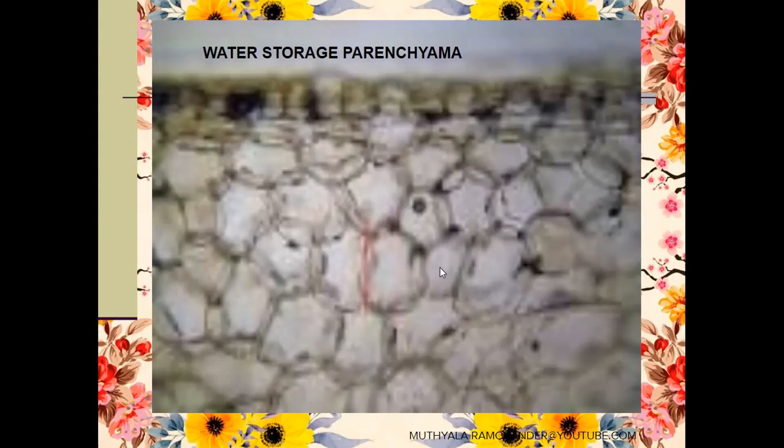Those storing cells are called parenchyma cells, which help in the storage of water, so they are called water storage parenchyma cells. They are present in xerophytic plants called succulent xerophytic plants, which contain only water storage parenchyma.